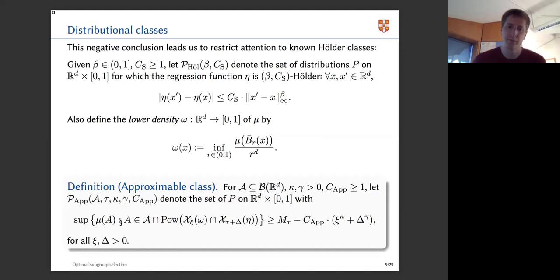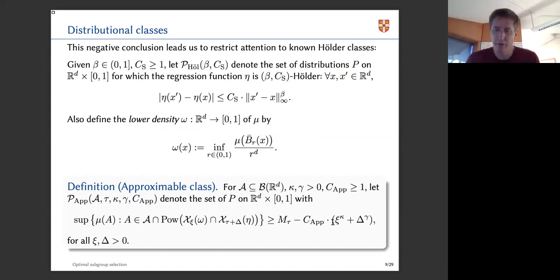and that means that the supremum of the measure that I can attain is going to be smaller. And so what this definition is doing is controlling how quickly this optimum I can get over these classes decays as I start to increase the level of the super level set from tau to tau plus delta, and as I start to introduce a lower bound on the lower density.